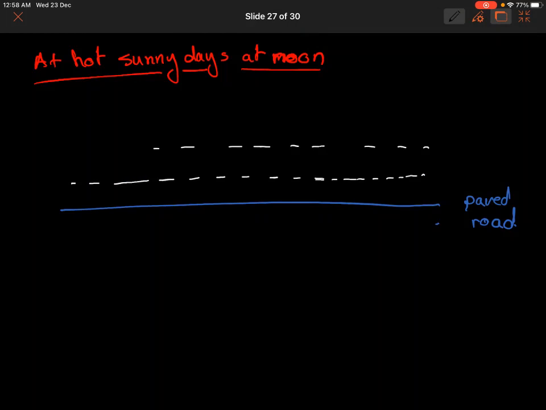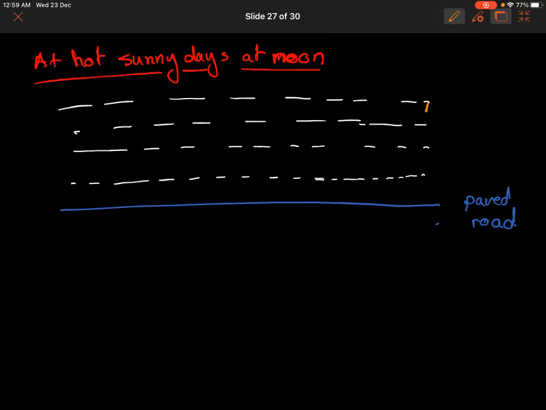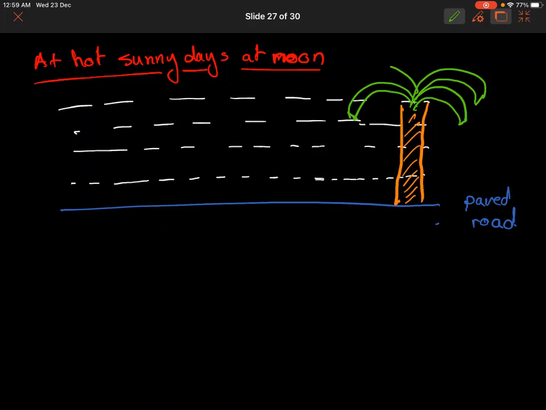Okay, this is a layer, this is a layer, this is a layer. And after that we have a palm tree like this.